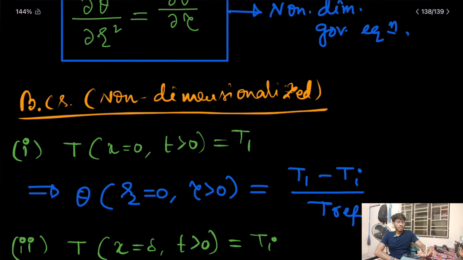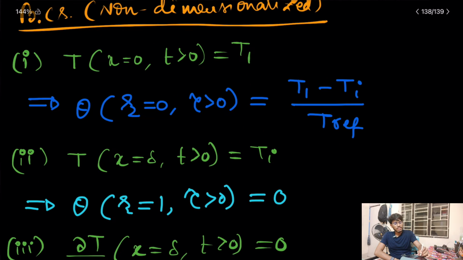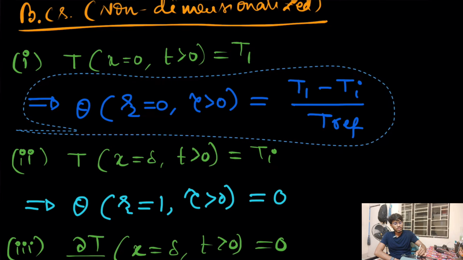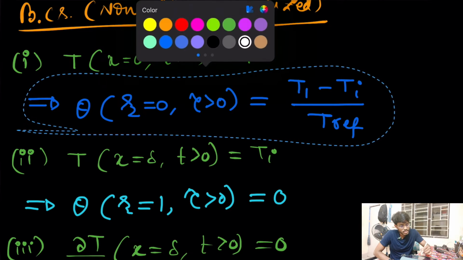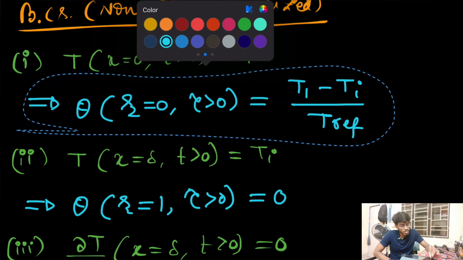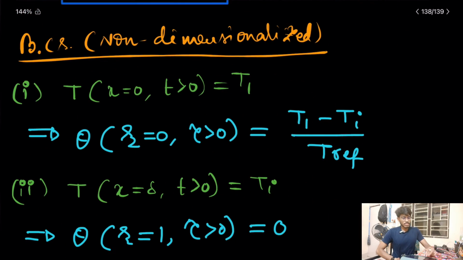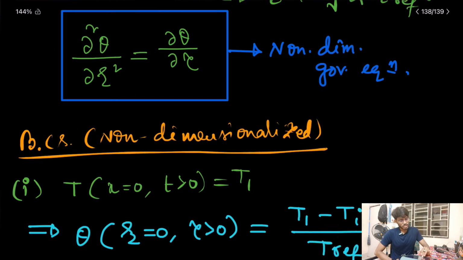Clear? Let me see if I can change the color of this one. Okay, now it is fine. So these are the non-dimensional boundary conditions.